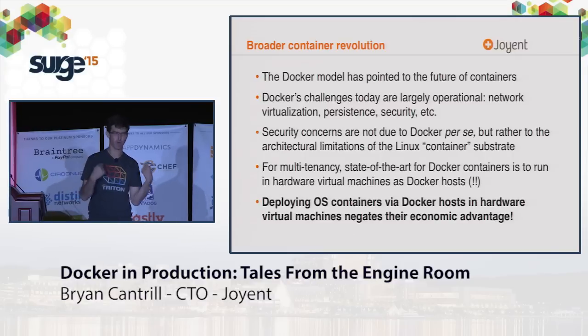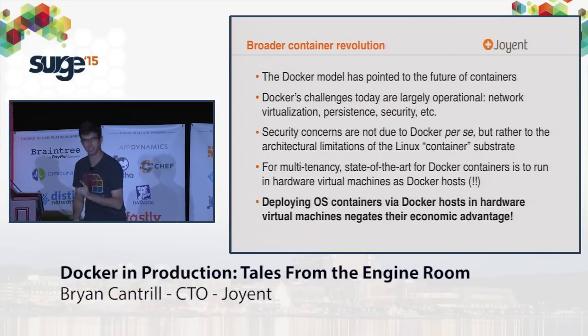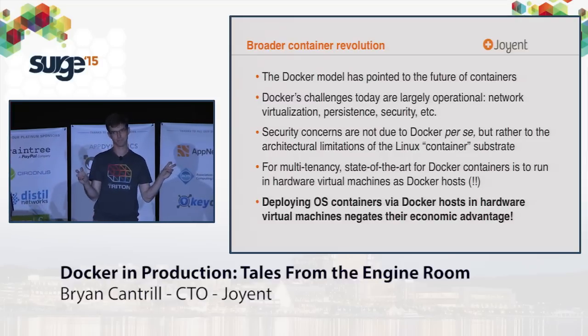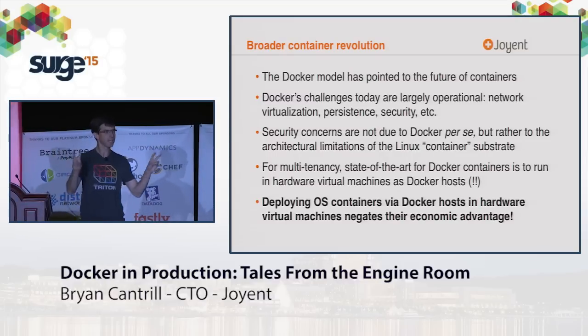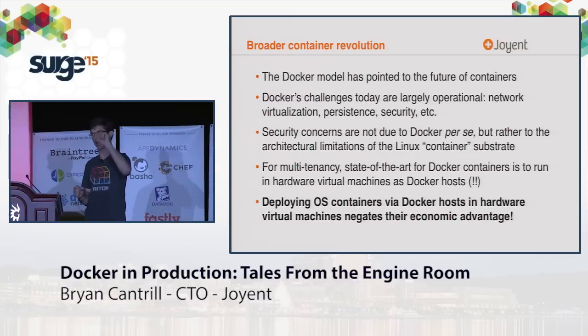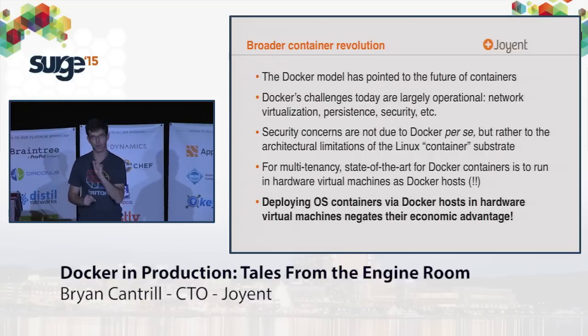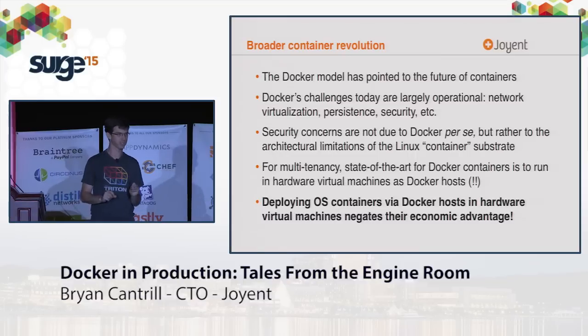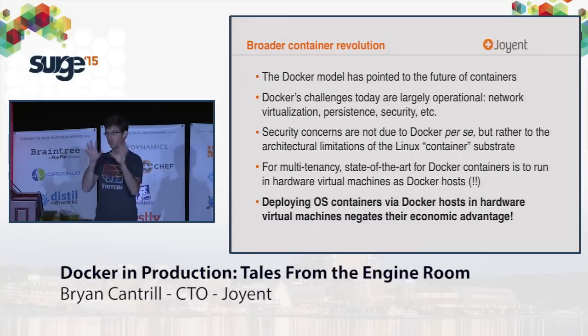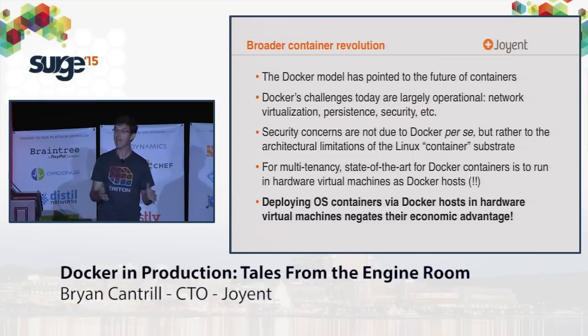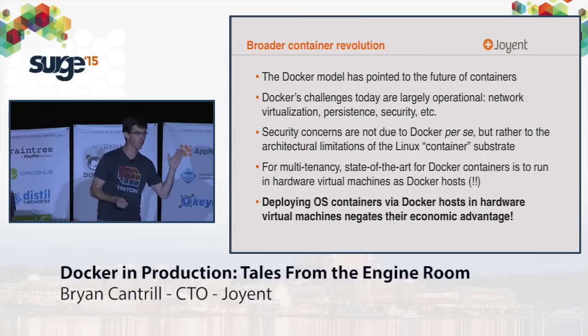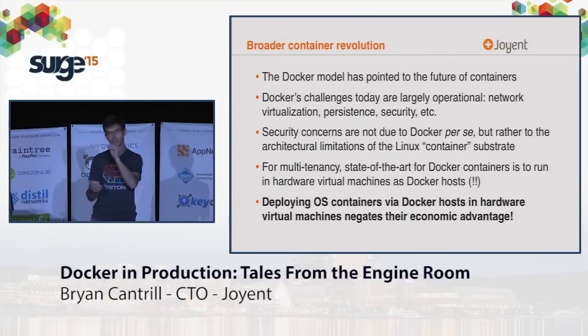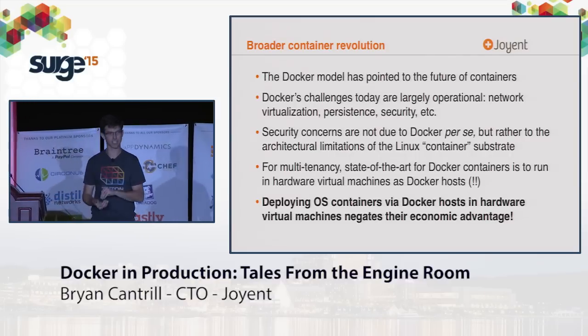And I'll correct myself, whenever you refer to containers in Linux, you must put air quotes around it, because containers are actually an upstack notion in the Linux kernel. The Linux kernel actually only knows about namespaces and cgroups. And containers are a fiction that user-level software tries to put on top of it. And as a result, it was not born secure. Security was not the constraint for Linux containers.